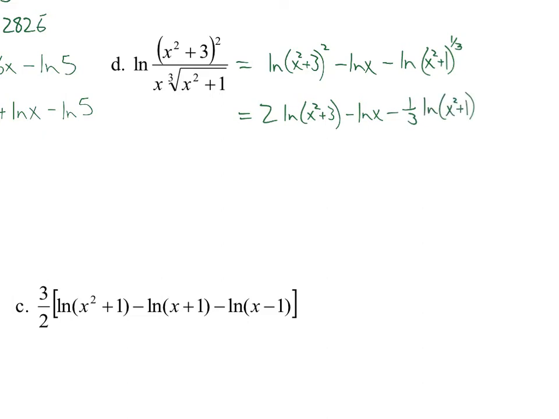Okay? Now, can I do anything with the ln of x squared plus 1? No. The addition inside doesn't change at all. Okay? We can't split that up or do anything with that. So don't go too far with some of these. But hopefully, as you're thinking towards integration, you're realizing how this might be useful.